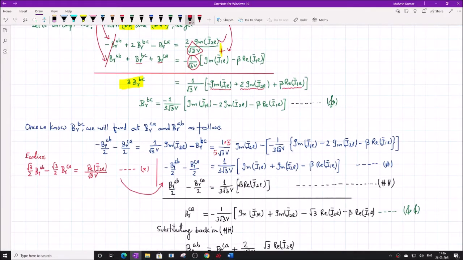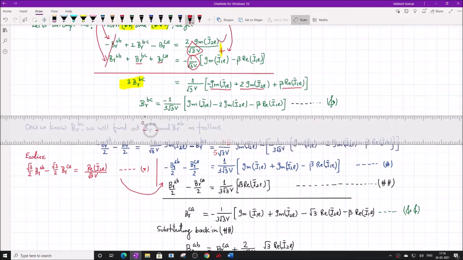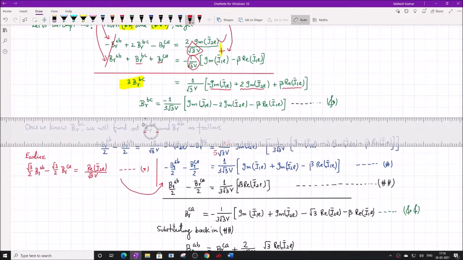Maybe I can take one scale to indicate where I am. I am here, for the time being. So for B gamma BC, the 3 will come down, so it becomes minus 1 by 3 root 3B imaginary of, I have taken minus common again from inside, so this becomes plus here.